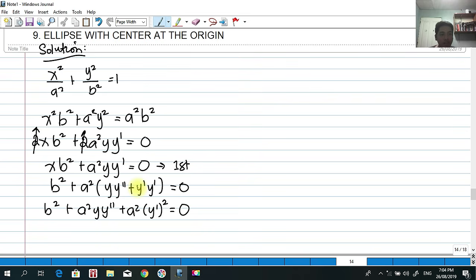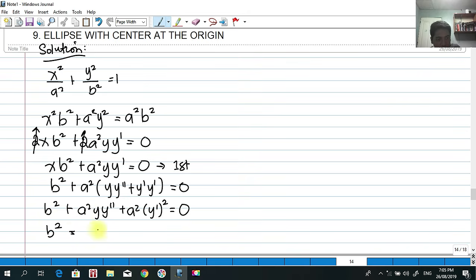Okay, so this is a type of problem wherein even if we differentiate this equation twice, the arbitrary constants are still present. So we might as well find a way to eliminate the constants by substituting into either the first derivative or the original equation. So what are we going to do? First, we isolate b squared, because we can isolate that.